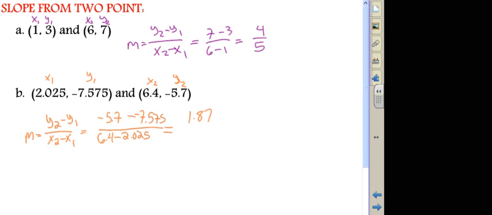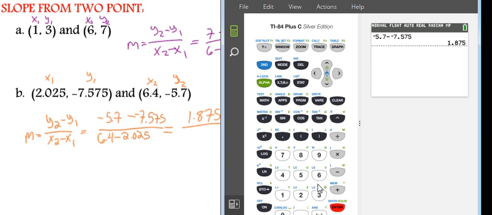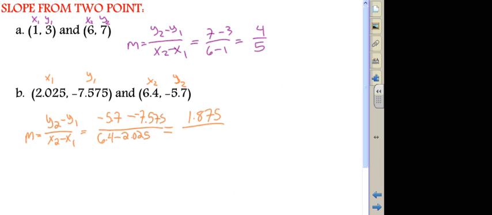Okay, I'm using my fraction for that. Now I'm going to use my calculator for the bottom. 6.4 minus 2.025. Enter. I got 4.375. You should do that exact same thing on your calculator. It's important that you know how to use yours and not the teacher's.